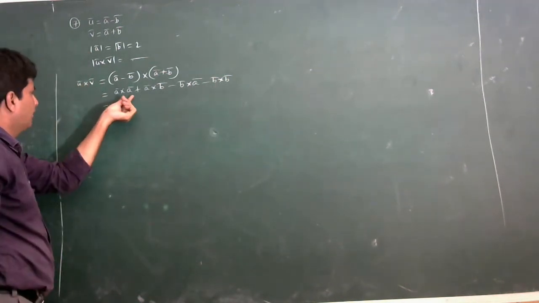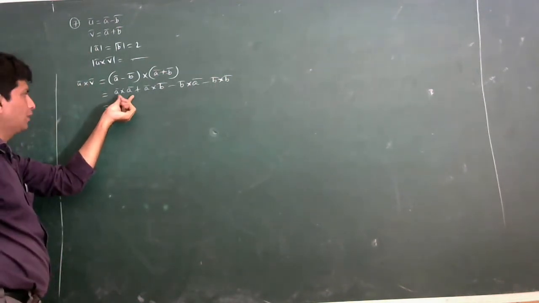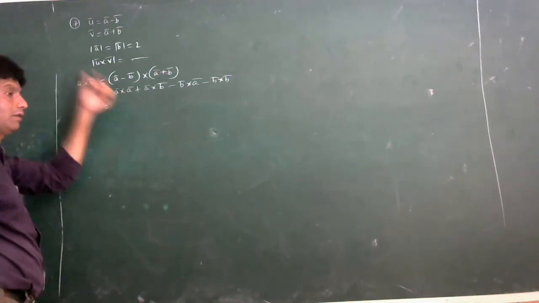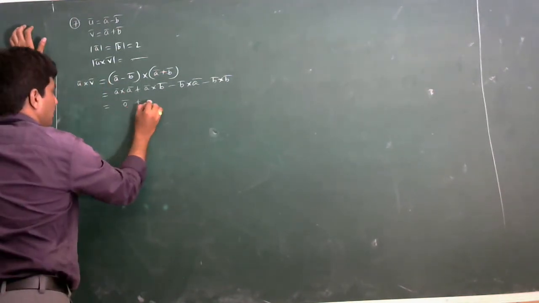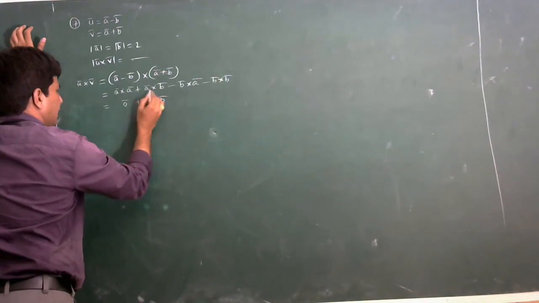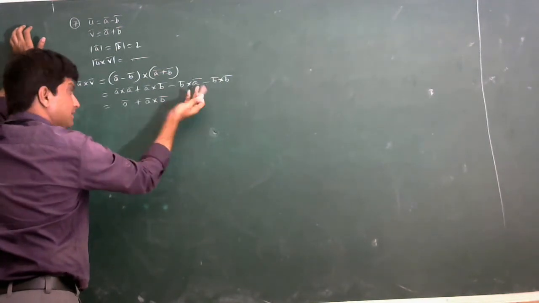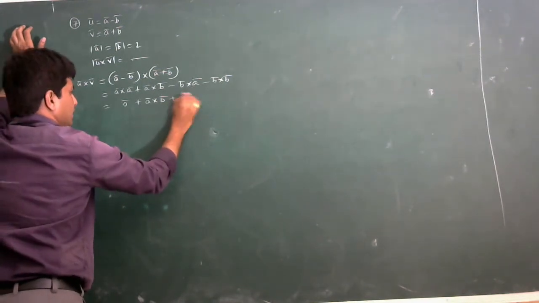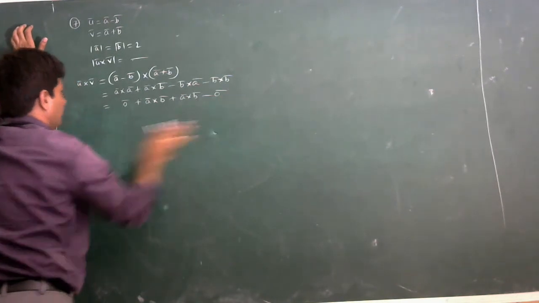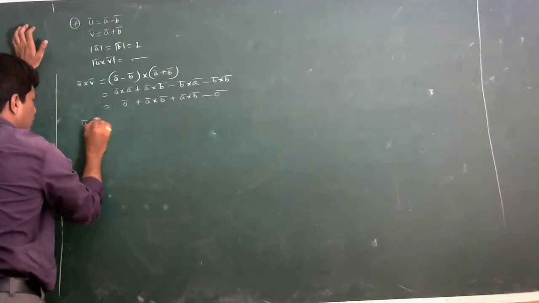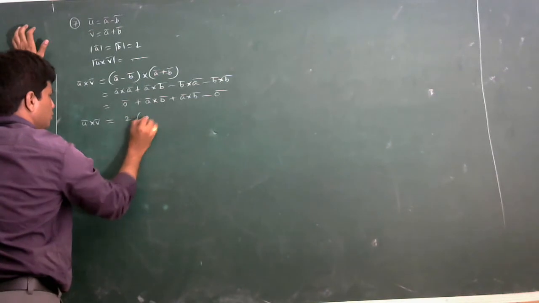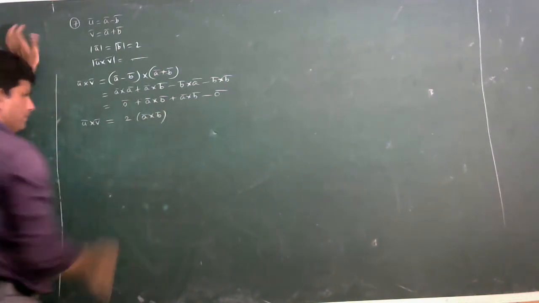Every vector is always parallel to itself. Whenever two vectors are parallel, the cross product is 0 bar. Then plus a cross b. Take reverse: b cross a can be written as minus of a cross b, minus into minus is plus. This is a cross b, again this is 0 bar. So u bar cross v bar equals 2 into a bar cross b bar.